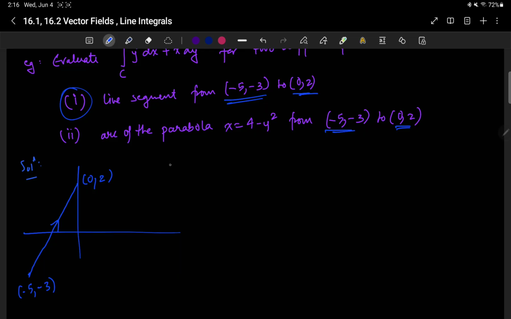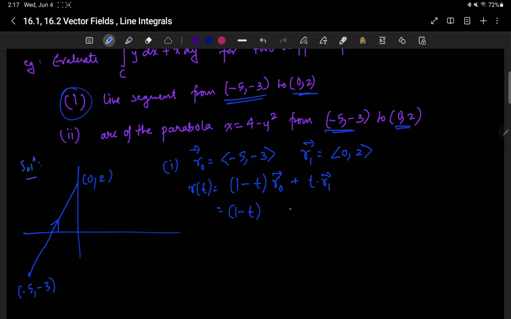First, we have to find the parametric equation of this line segment. So we have r0 is the vector negative 5, negative 3, and r1 is 0, 2. So r(t) is going to be (1 minus t) r0 plus t r1.